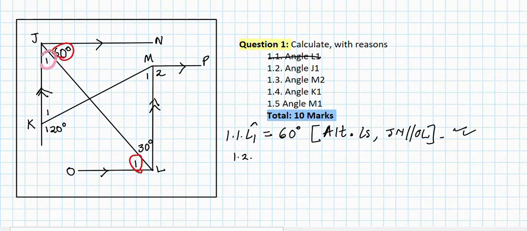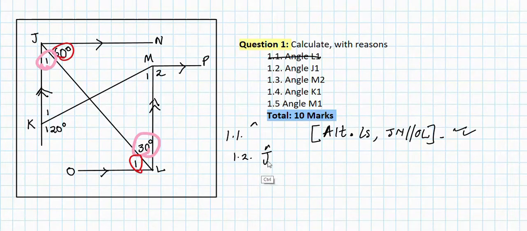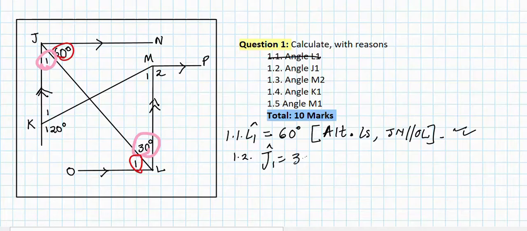Now let's use that. I know that J1 is equal to this 30 degrees there. Let's write that down. J1 is equal to 30 degrees.